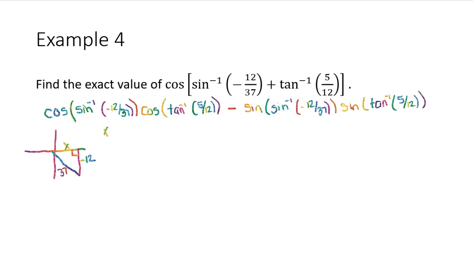We have a squared plus b squared equal to c squared. We have x squared plus 144 equal to 1,369.